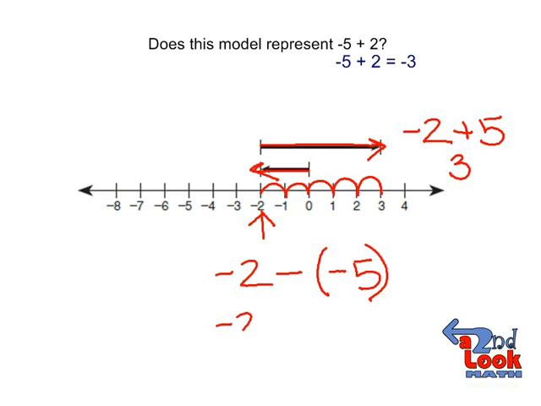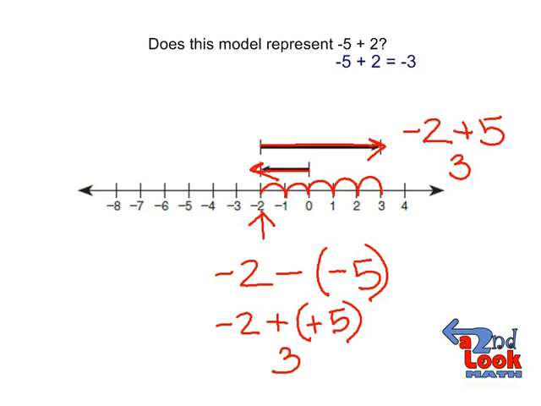So we have -2 combined with a +5, keep it, flip it, change it. And so, again, we're going to have a 3 because of this integer battle.